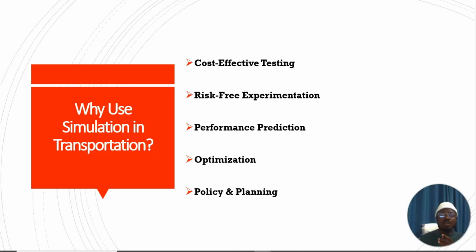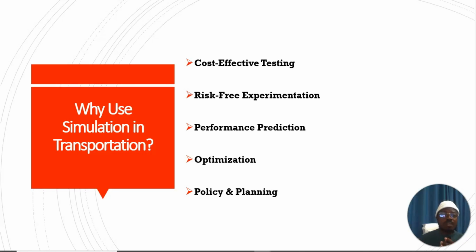So it helps to avoid expensive real life trials. When you want to keep trying, let's just run a small trial, let's run a small trial. Rather than doing that, simulation gives us a good view without running extra cost with testing or seeing how a transportation network, or whatever we want to set up in the transportation field, will turn out to be.